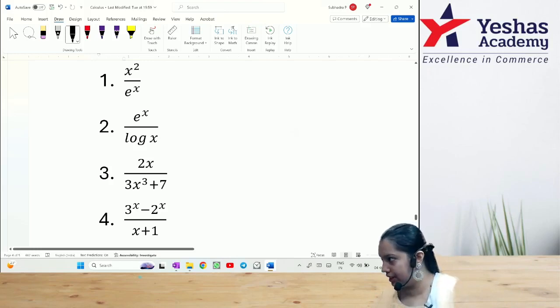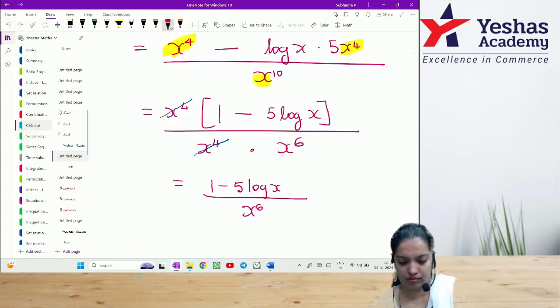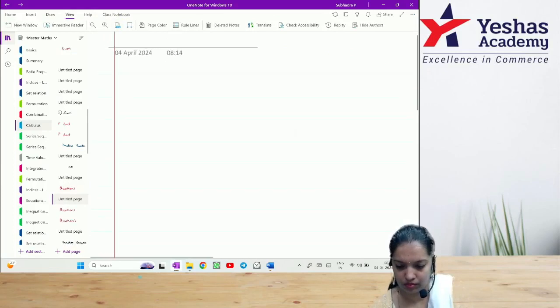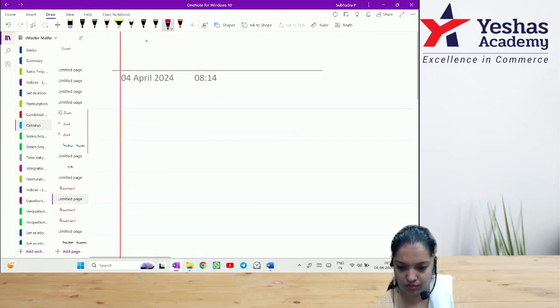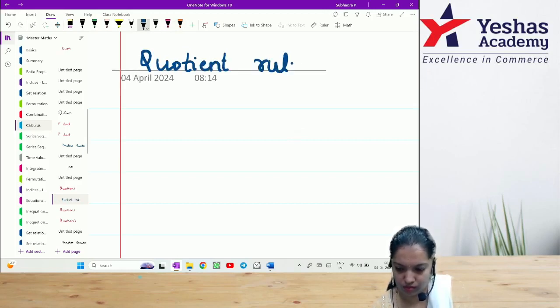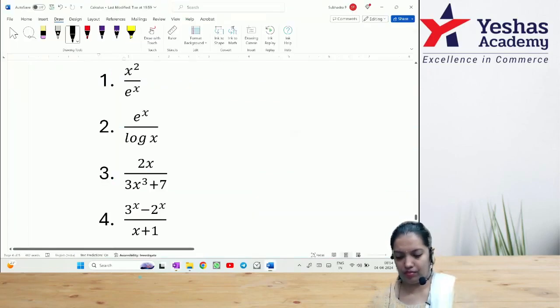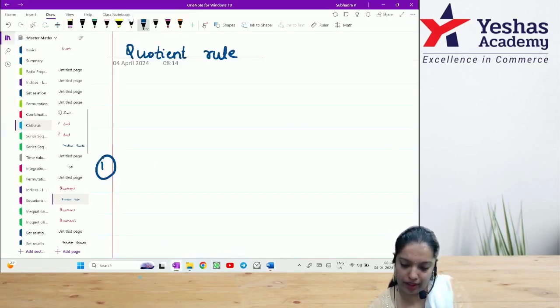Let's start with the first one. x square into x square divided by e power x.